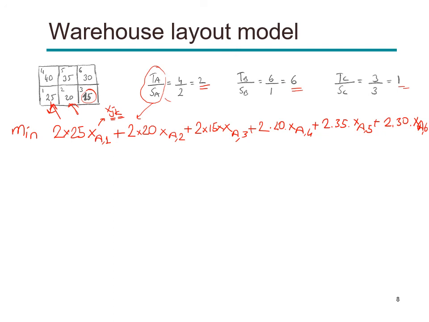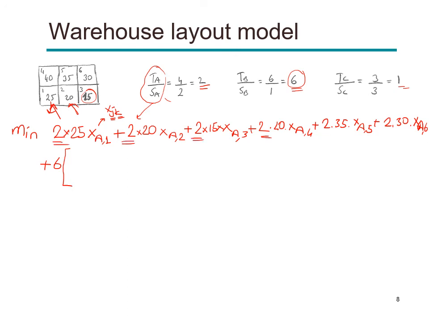But we have 3 products, and then we need to continue. For the second one, Tb divided by Sb is 6. So I will write all of them under the same parentheses, because you see we have multiplied by 2 in every one of them.